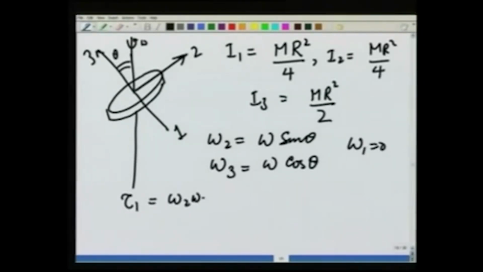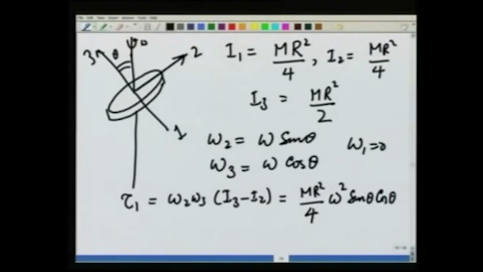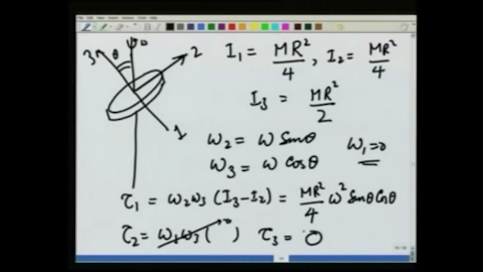Omega 2, omega 3, I3 minus I2 gives me I2 minus I3, which is mr square over 4 omega square sine theta cosine theta. Tau 2 is going to involve omega 1, omega 3, so this gives you 0 because omega 1 is 0, and so is tau 3, which is also going to involve omega 1, and that is also coming out to be 0. So in this case, the torque is going to be in the direction along 1.